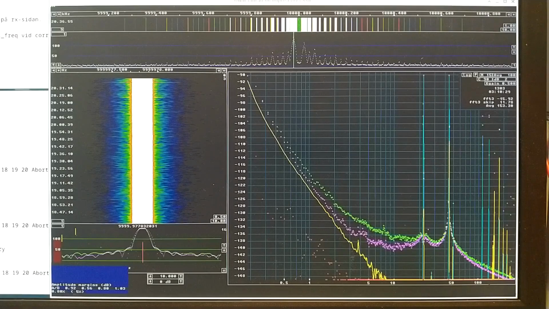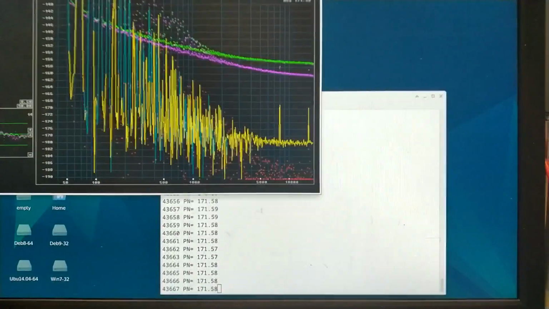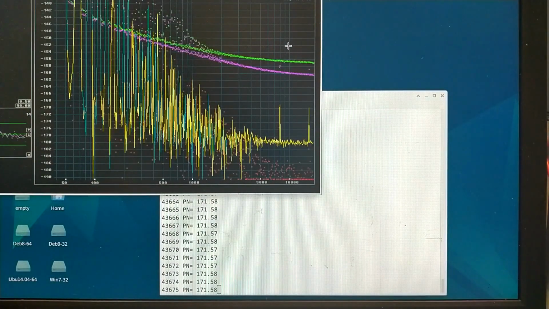First, here is the same measurement as you have seen before. It shows 93 dBc per hertz. And then I have here the measurement that goes up to nearly 20 kilohertz, and it is flat now, as you can see.